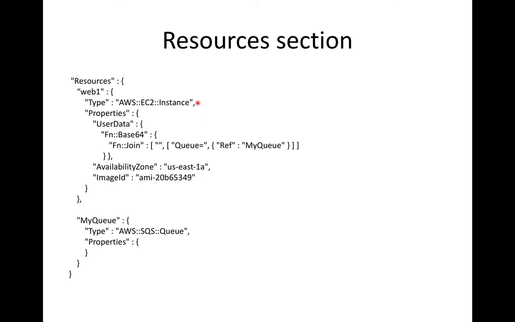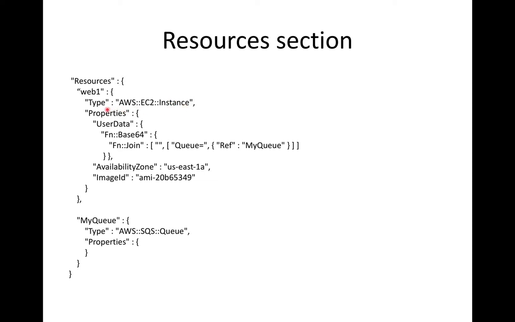Because there are dozens and dozens of different resource types. Well, you've basically got to go look at the CloudFormation documentation. That documentation will show you a long list of all the different types of resources that you can create, and it'll give you the value for this particular attribute.